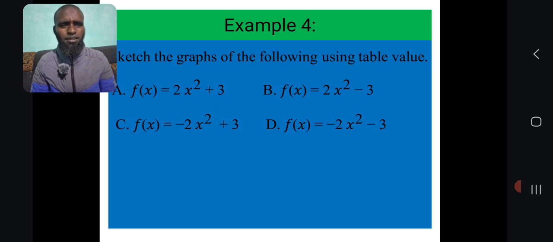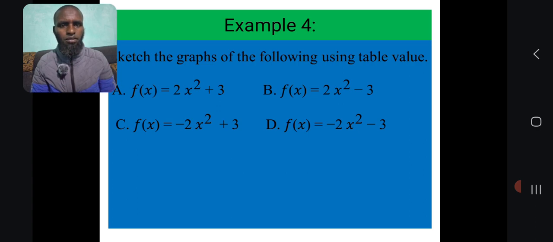The other thing that changes here is the value of c, when it is positive and when it is negative. There is a change in the value of the y-intercept. At x equals 0, the value of y becomes 3 or minus 3, depending on the given question.